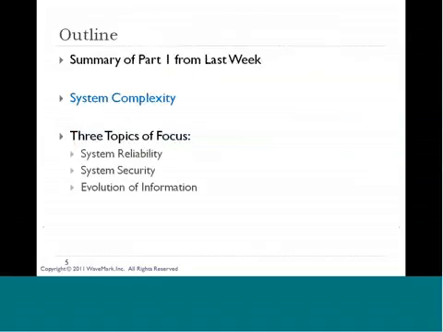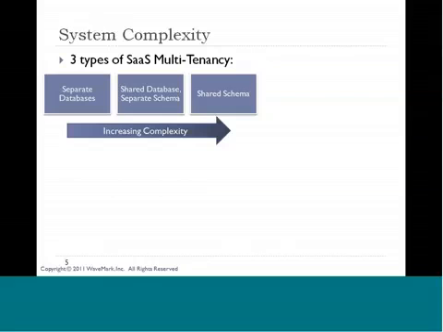So that being the solution, where does complexity come in? First, let's talk about SaaS. SaaS, or software as a service, just very briefly, I'm sure you know what it is, is software that's delivered over the internet. It's essentially running in the cloud, and individuals or enterprises don't have to install their own instance of it.